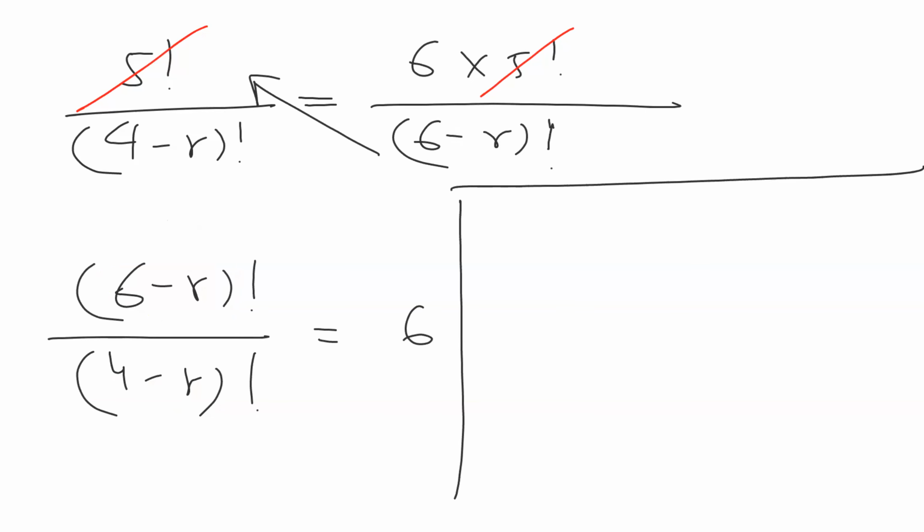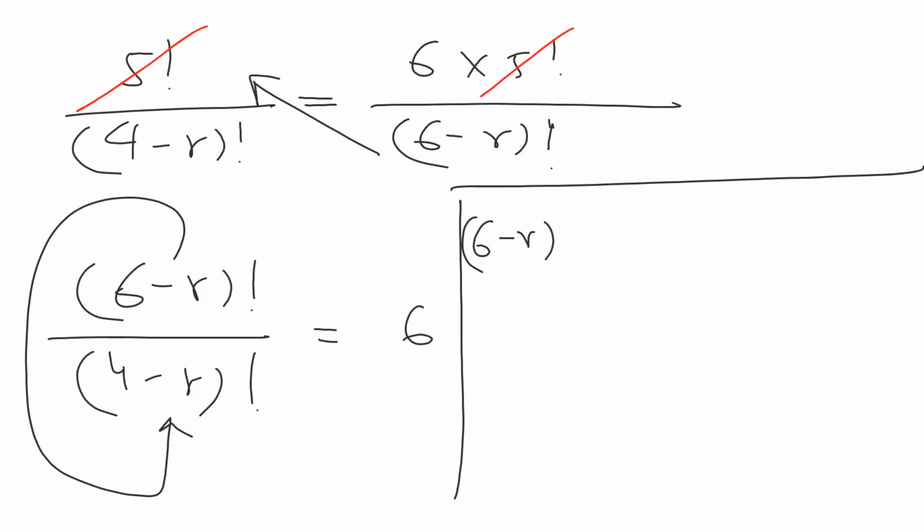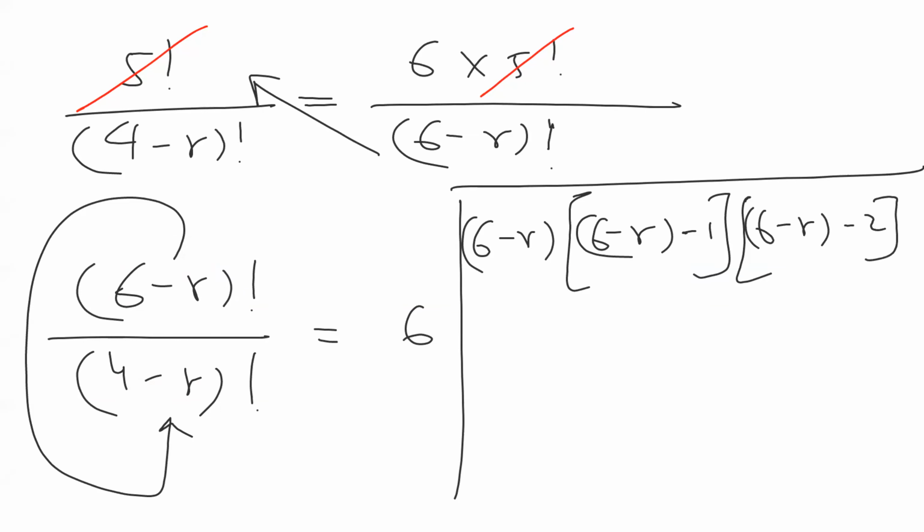So reduce the greater value to the smaller value. (6 minus r) factorial. The first term will be 6 minus r, (6 minus r minus 1) factorial, minus 1, (6 minus r minus 2) factorial.